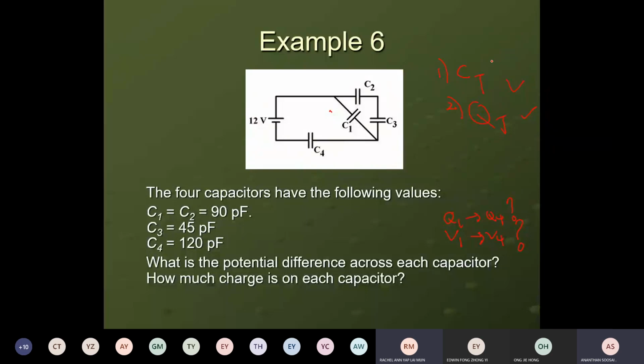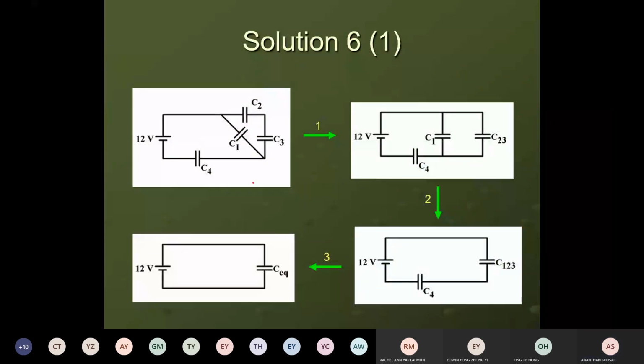Okay, first C total. What is the C total for this circuit? Which one do you merge first? Actually, this connection looks scary, but you can imagine it like this. Let me go to the next slide to show you the connection is actually like this.